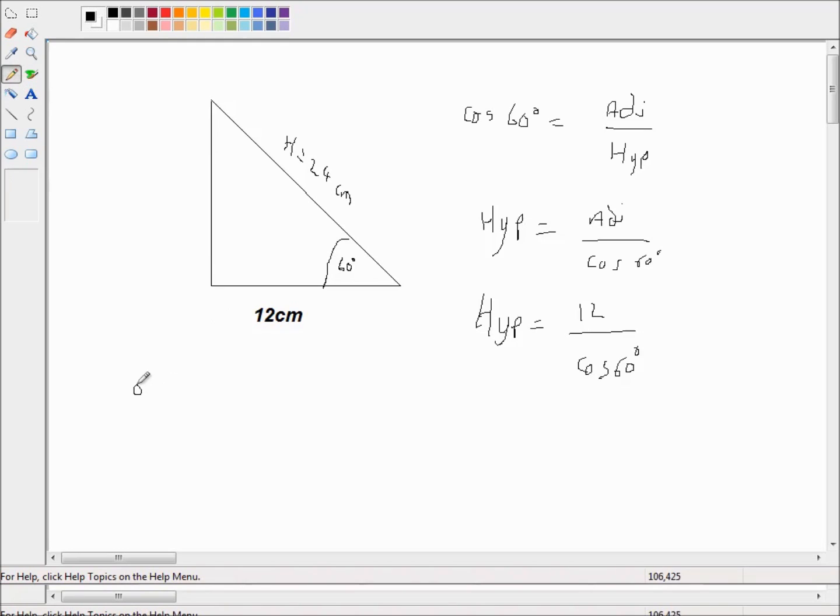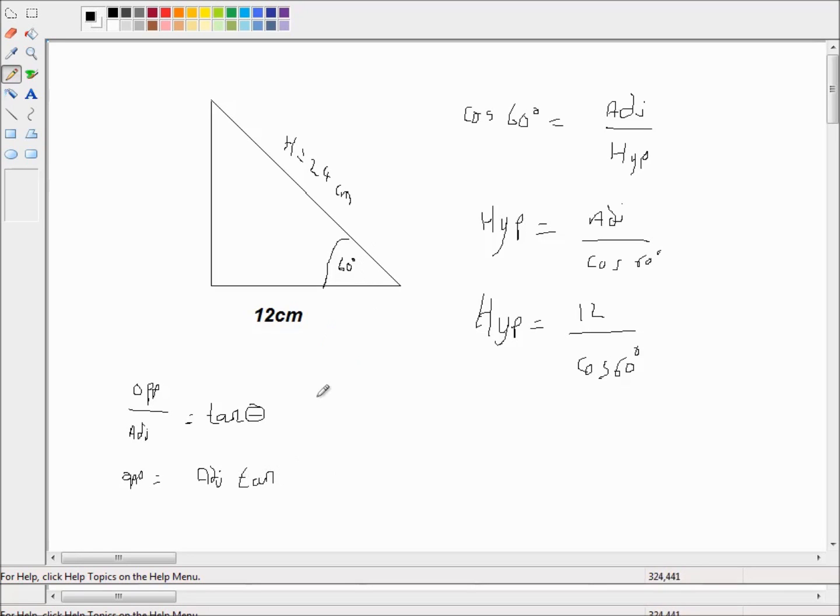So we'll recall that opposite over adjacent is equal to tan theta. So the opposite is equal to the adjacent times tan theta.